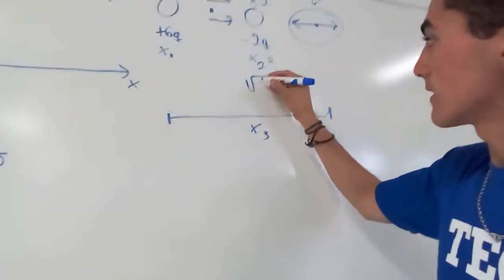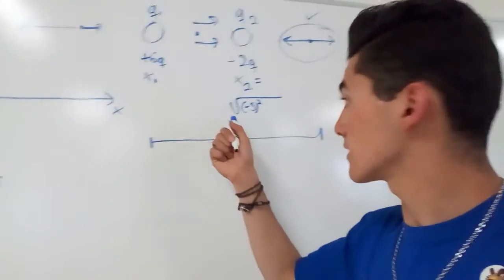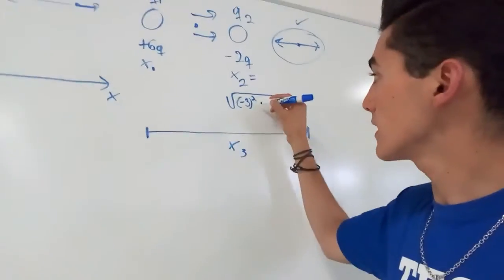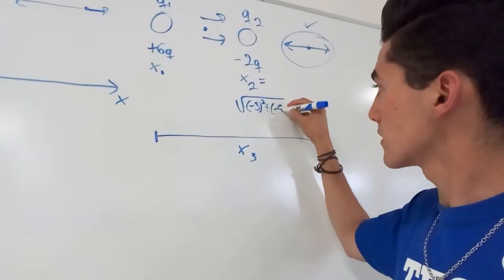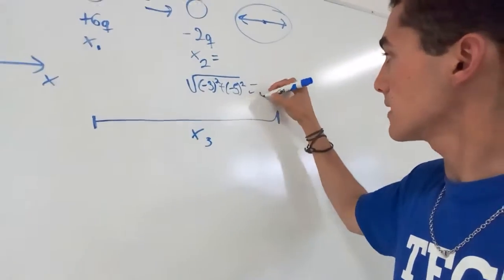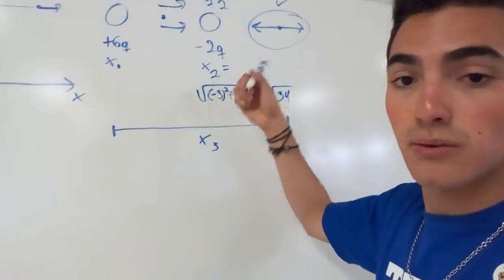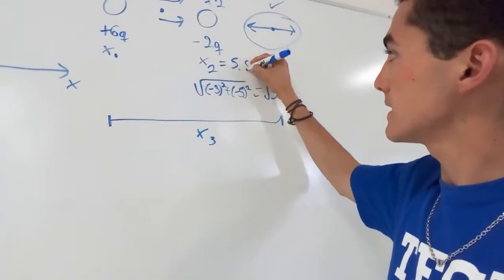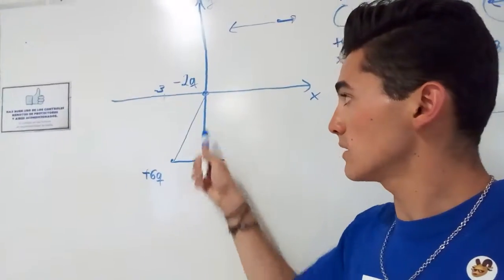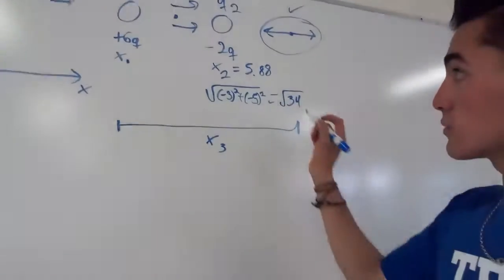So it's the square root of the square of minus 3 plus the square of minus 5, and this will be equal to the square root of 34, that is equal to 5.88, because it's the square of this one plus the square of this one, the square root.